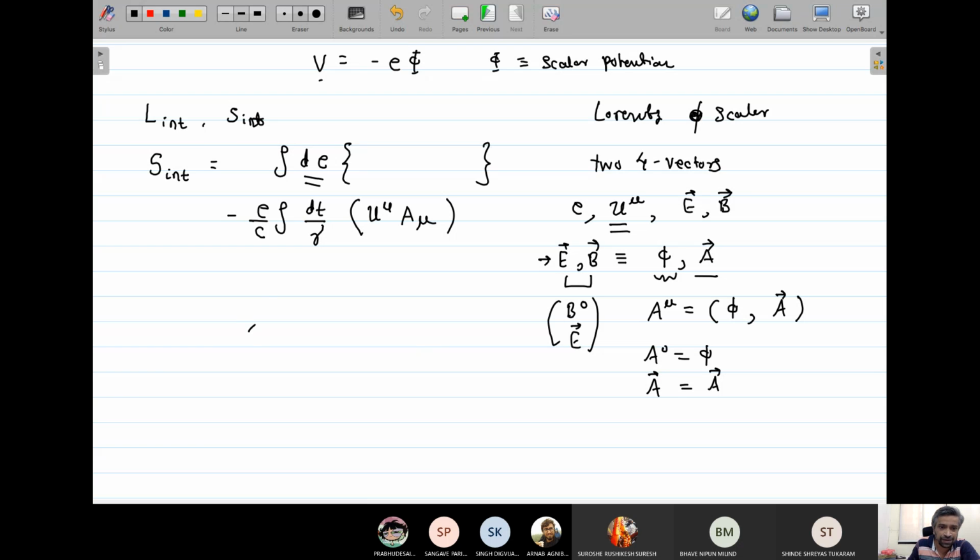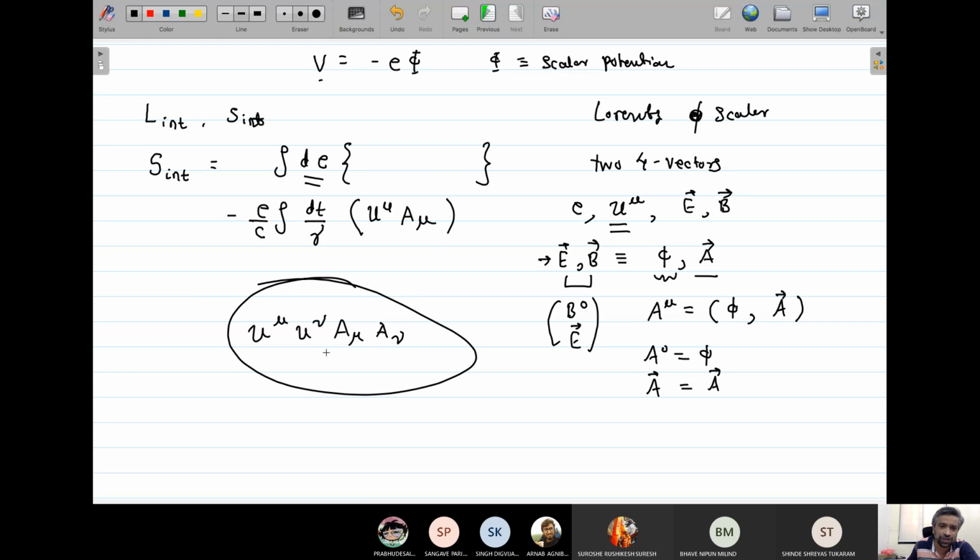Somebody might ask what else I can construct. This is also a Lorentz scalar, and so are the higher powers in u's and A's. So this is linear in A, this is quadratic in A. This is linear in u, this is quadratic in u. As far as Lorentz invariance is concerned, I must allow these terms.